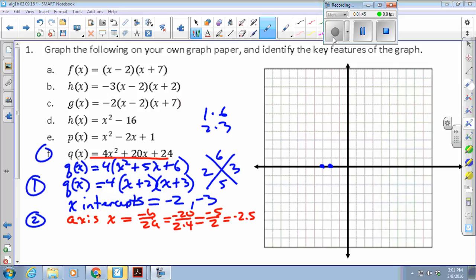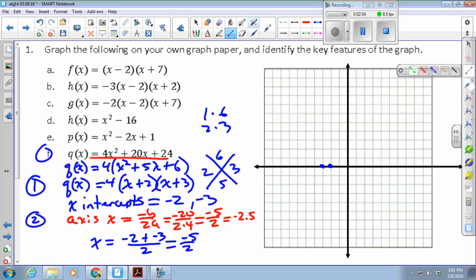Or, because we've got factored form, once I have the x-intercepts, then I can say x is equal to the sum of the intercepts, -2 plus -3, divided by 2, or -5/2. So clearly, my axis of symmetry now has to be at -5/2, or -2.5. Now I might label that x equals -5/2.